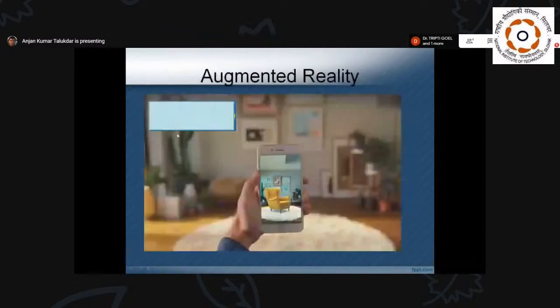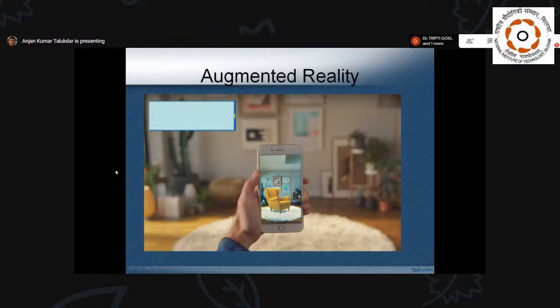Then augmented reality, as you know, is basically a mixing of virtual and reality. It now has many applications.